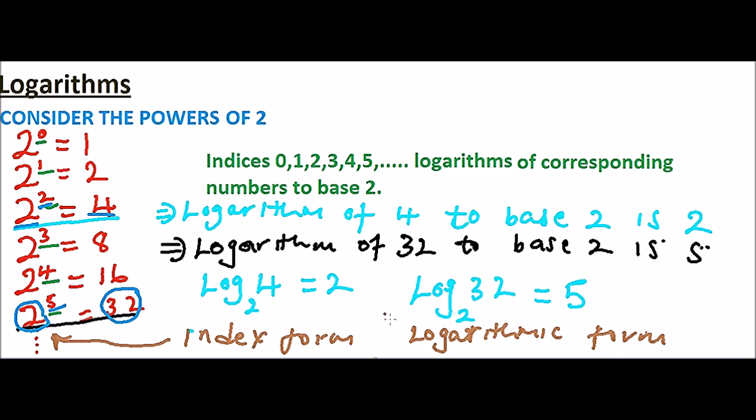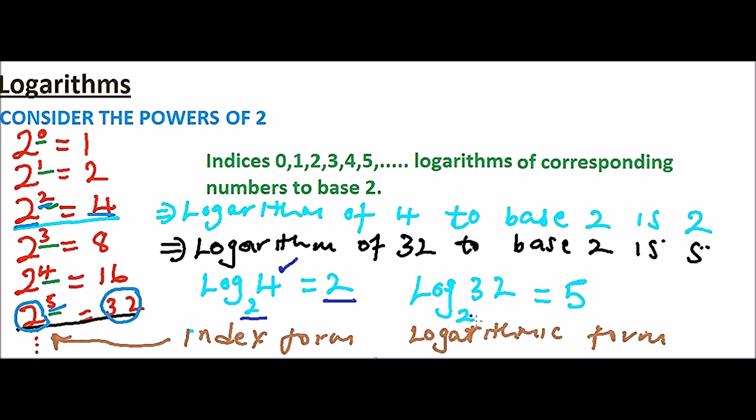Now, if you look at this, we can change from logarithmic form to index form. We can identify this because 2 to power 2 is equal to 4.